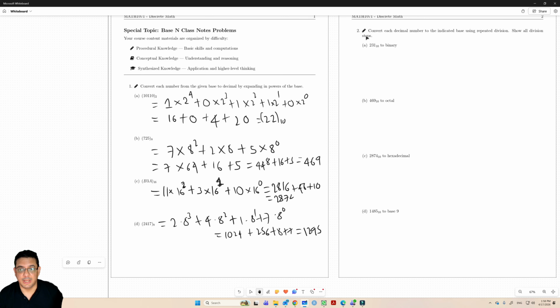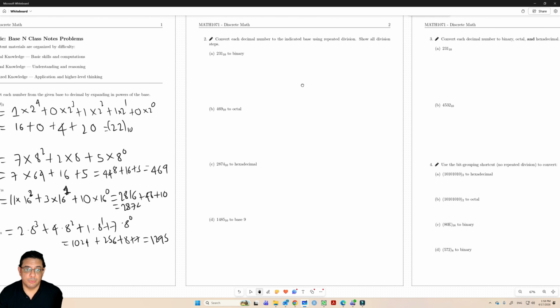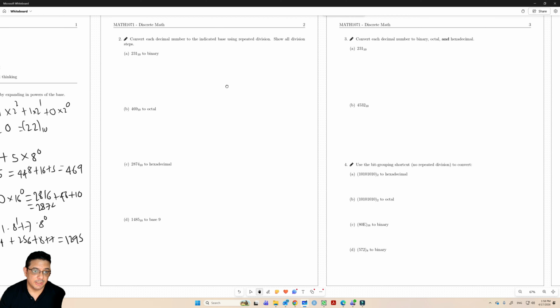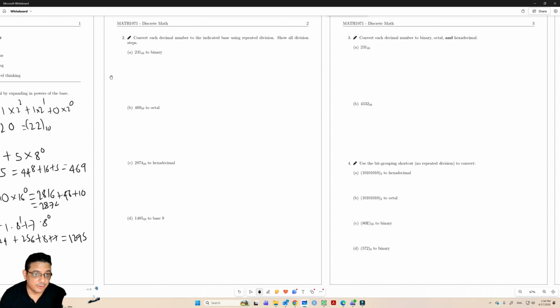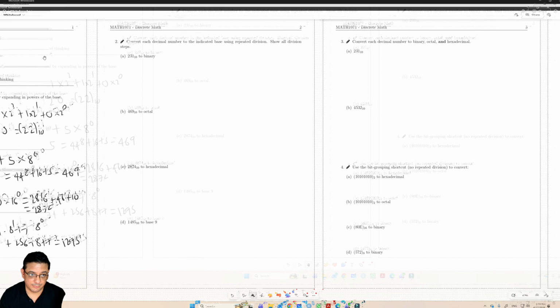All right, so now for question number 2, we're actually going to be doing the opposite. We're going to convert something in decimal and go to binary or octal or hexadecimal or base 16, depending on the number, and we're going to be using repeated division.